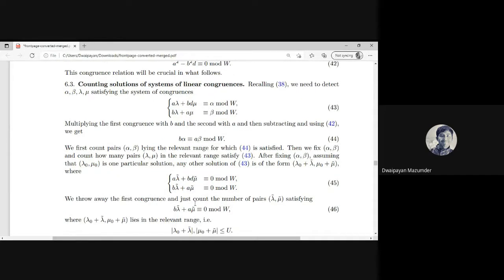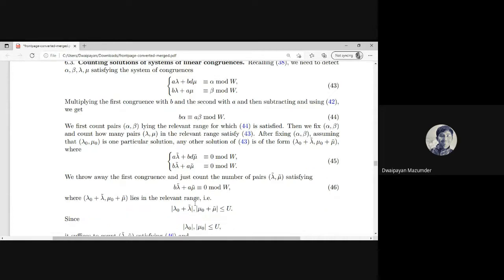So the idea is basically we count firstly the pairs alpha beta lying in the relevant range, and then you fix alpha beta and count how many pairs lambda mu satisfy the relevant range. And after fixing alpha beta, assuming that lambda 0 means there is a particular solution, you will see this 43 actually looks like that one, where the solutions are of the form lambda 0 plus lambda tilde and mu 0 plus mu tilde.